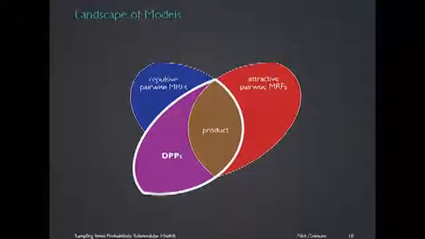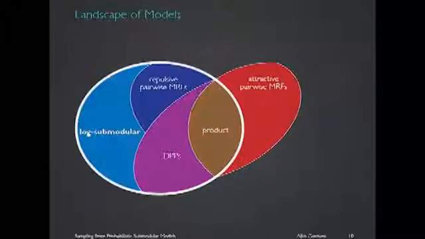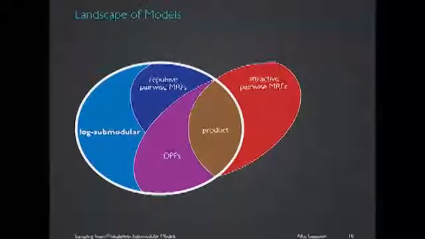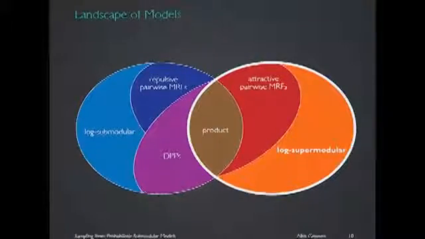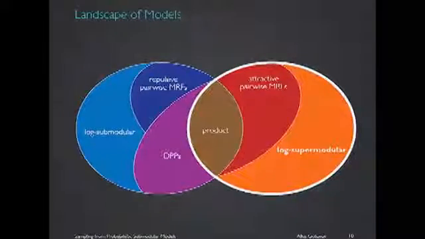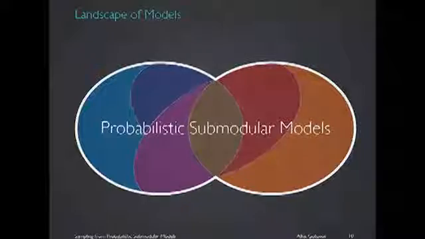Another class of models that have been used to encode diversity are determinantal point processes. And now log-submodular distributions generalize this diversity-inducing part of this model space. And their counterpart, log-supermodular distributions, generalize attractive models. So in the end, the union of these two classes we call probabilistic submodular models.